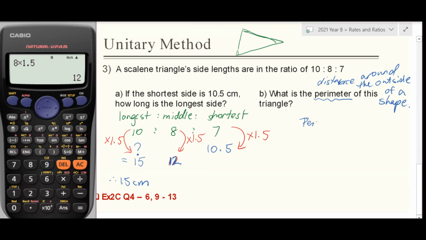The perimeter is equal to 15 plus 12 plus 10.5. You can put this into the calculator, and that's going to be equal to 37.5 centimeters. Remember to always put units on if it's a measurement question.